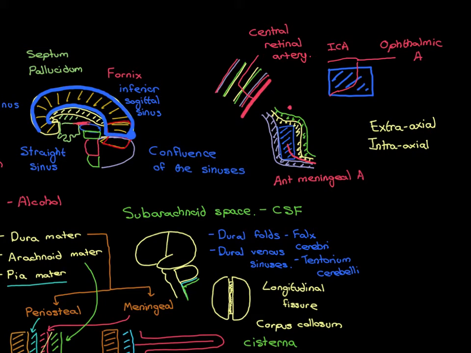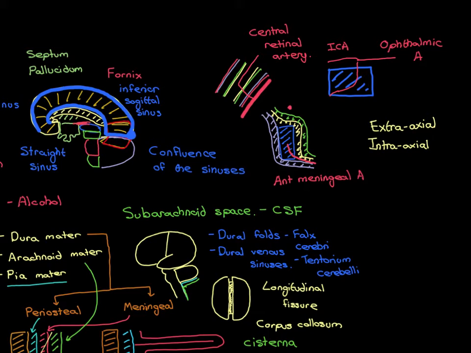We're not, of course, going to be able to discuss absolutely all of them. As I say, if you've seen one of these anatomical specimens that's still got the extra-axial arteries left on top, there's absolutely loads of them. We're just going to discuss some major examples so that we've got something to think about when we're talking about these arteries.